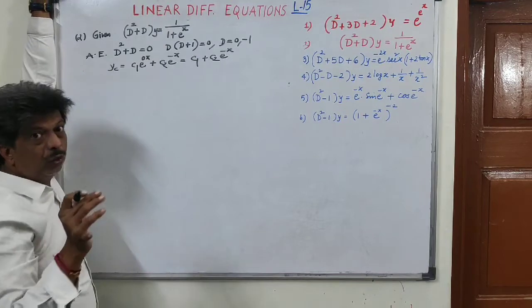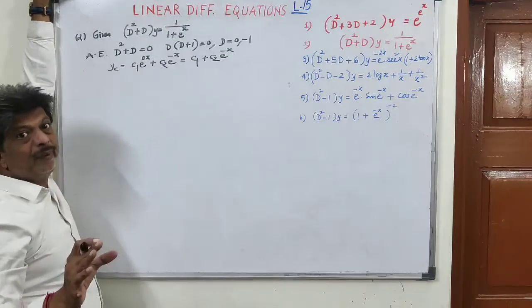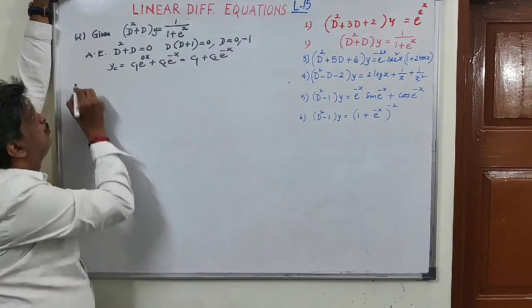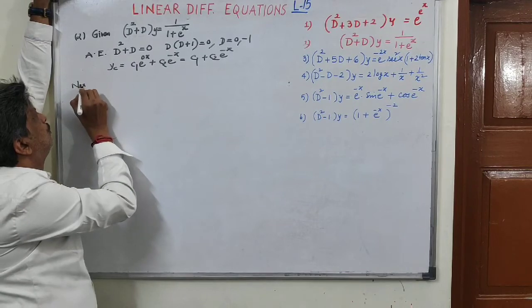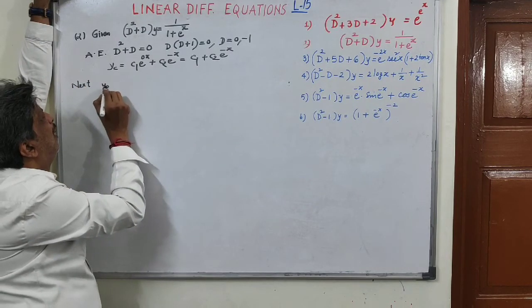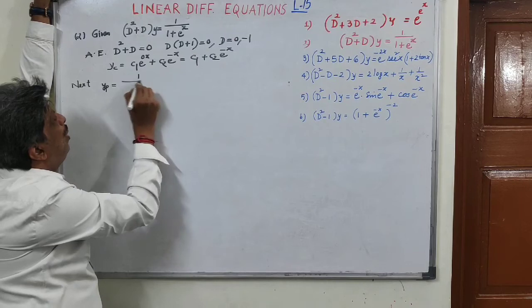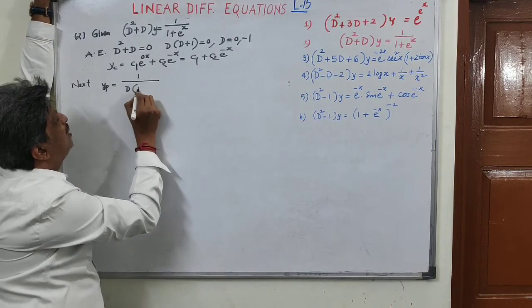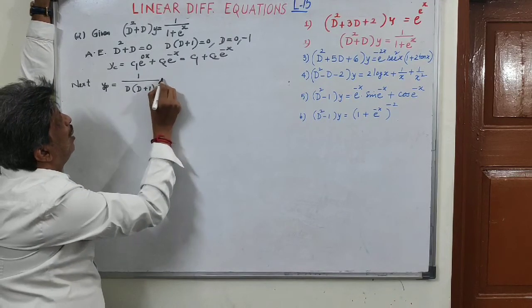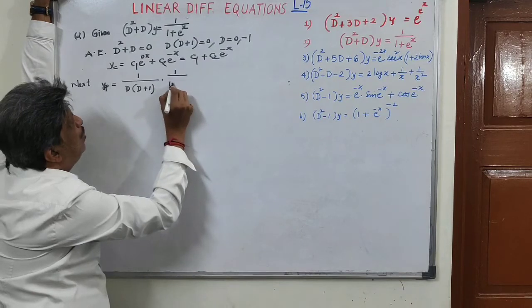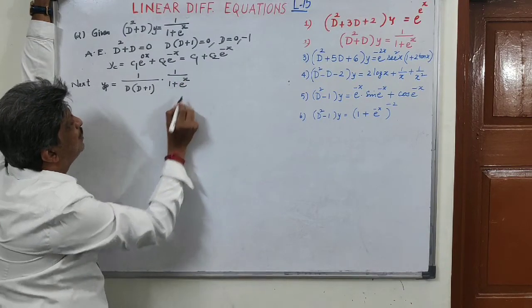So that is your complementary function. Next, what is yp? Yp is nothing but 1 upon f of D, which is D into D plus 1, operating on 1 upon 1 plus e power x.